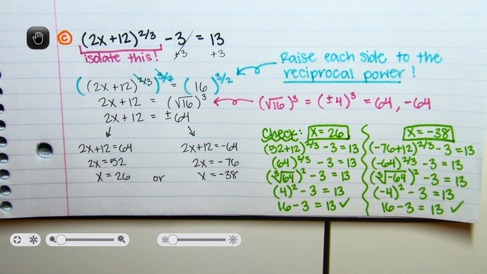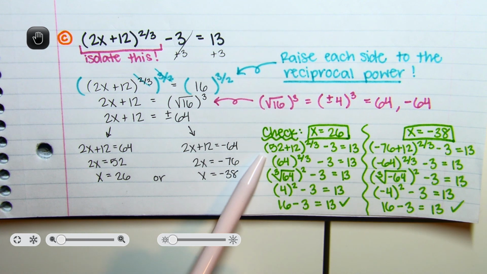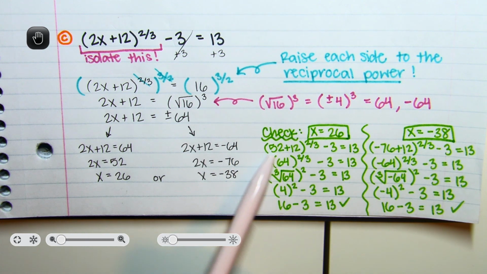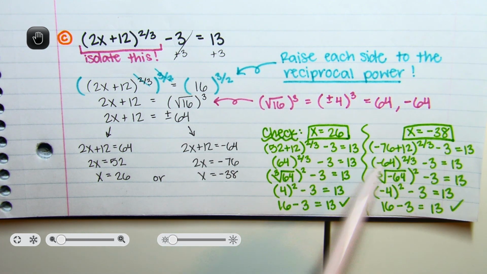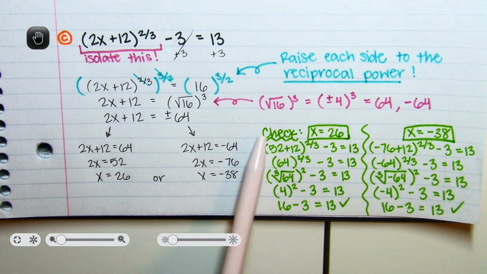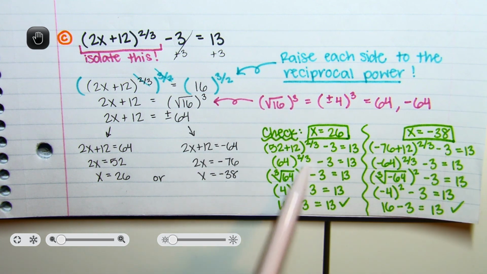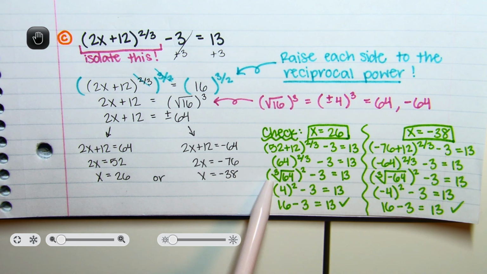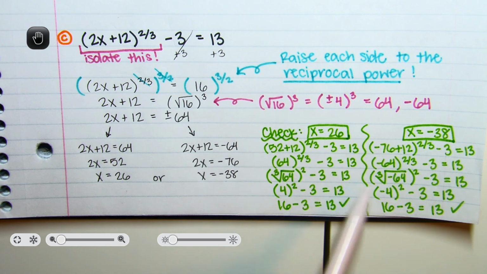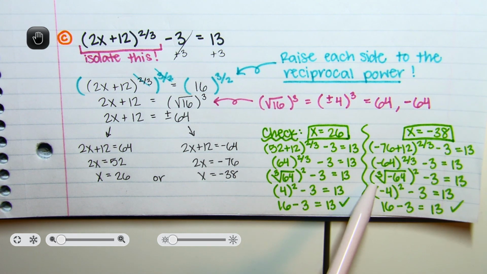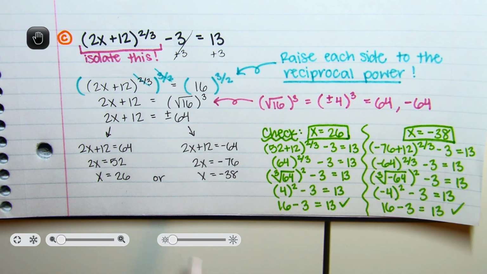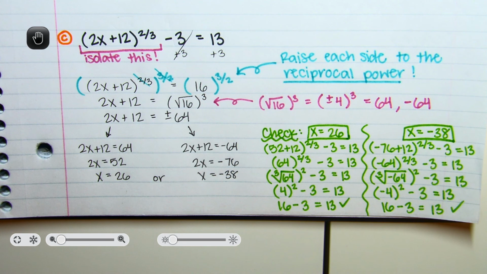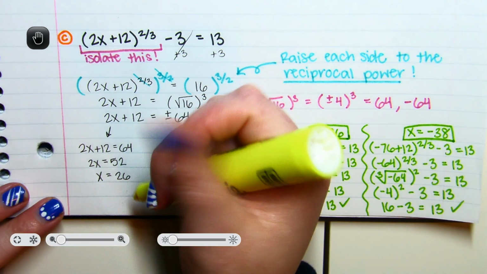Now I want to point out for these, my first step when I filled it in, I did the 2 times x and just wrote 52 and negative 76. And then when you're simplifying this, you have to actually use that rational exponent and take the cube root of the 64 and negative 64 and then square it. So you should have gotten 13 equals 13 on both sides, which means both solutions work.